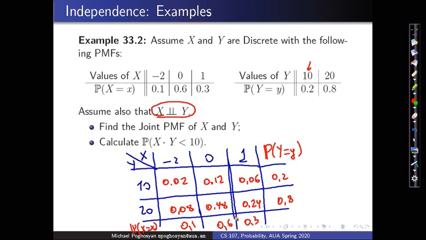Now I have the complete joint PMF for my pair X, Y. Now I can calculate any probability I want.